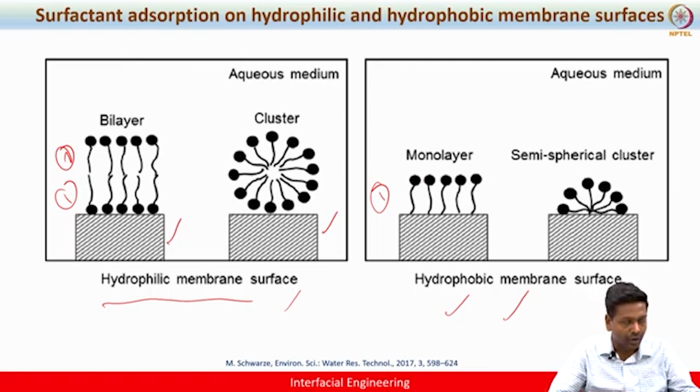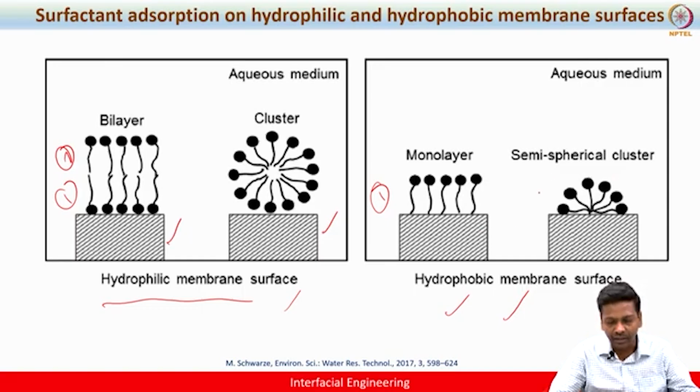So there will be no great affinity between head group and head group, or head group and tail group, right? So you would expect a monolayer formation on the surface.